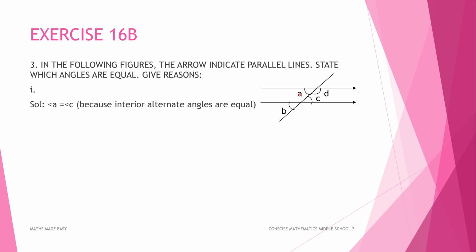So A and C are interior, and they are alternate. A is towards the left side and C is towards the right side. See, one is left and another is right. Both are interior and alternate angles. So this is a simple way to remember. I am just teaching you how to remember these angles.